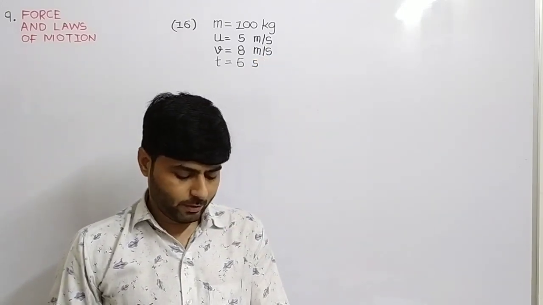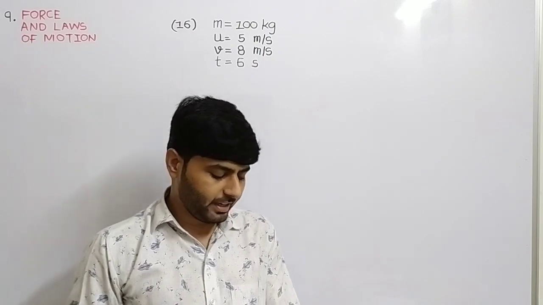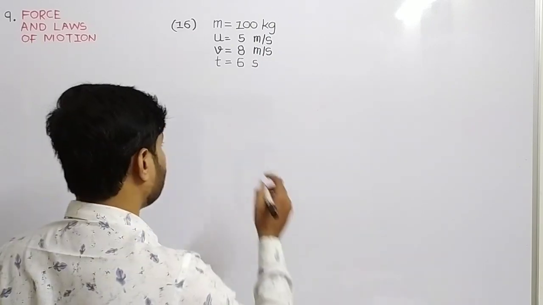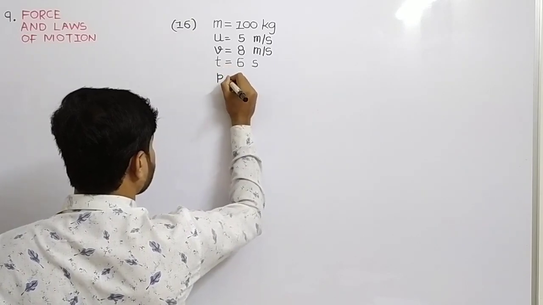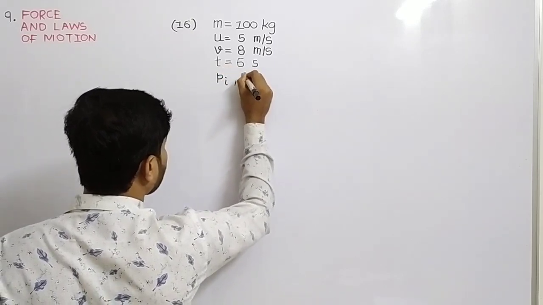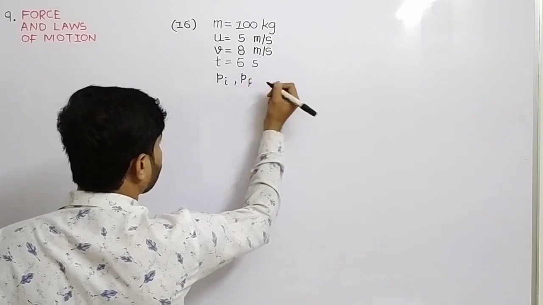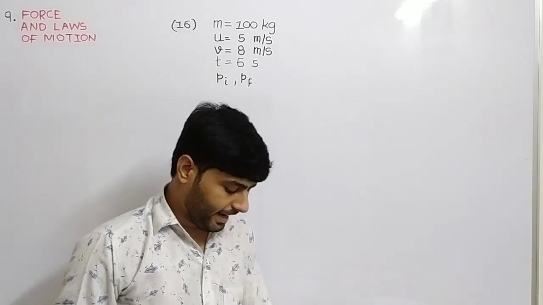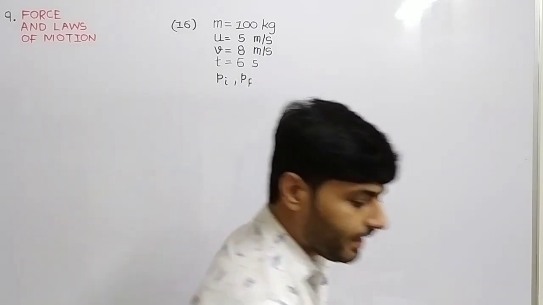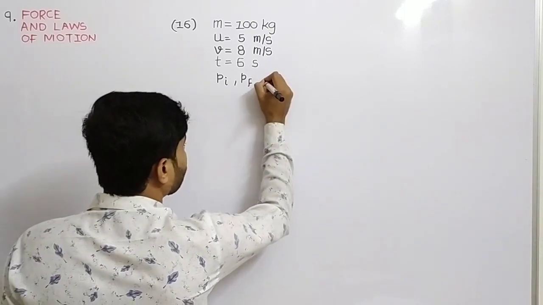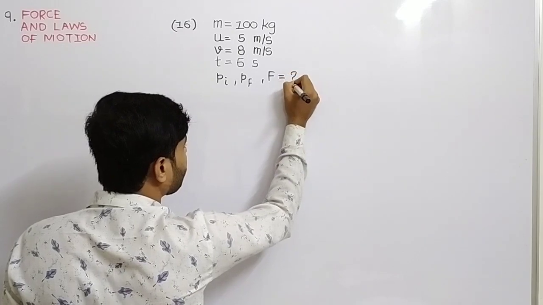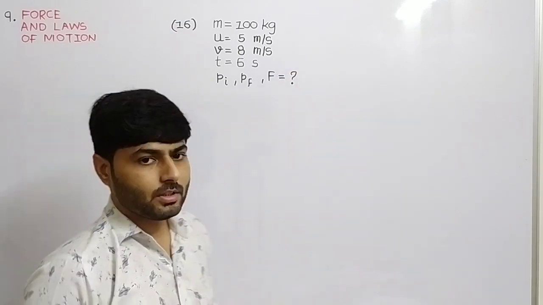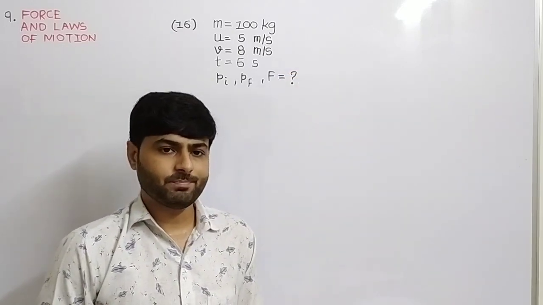Now we have to find initial and final momentum. So we have to find P initial, P final, and force is equal to question mark. Remember the methodology.